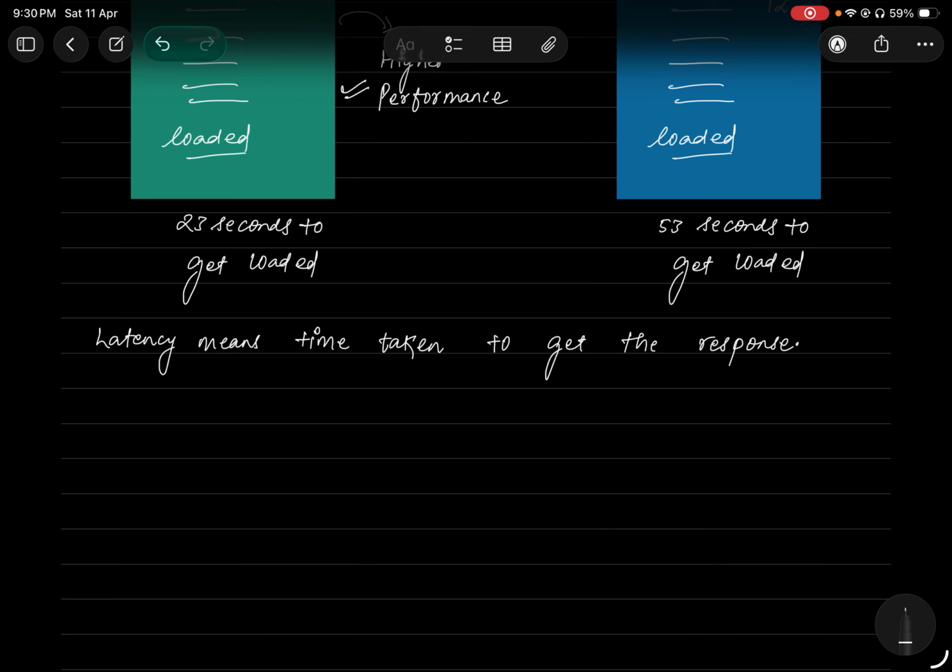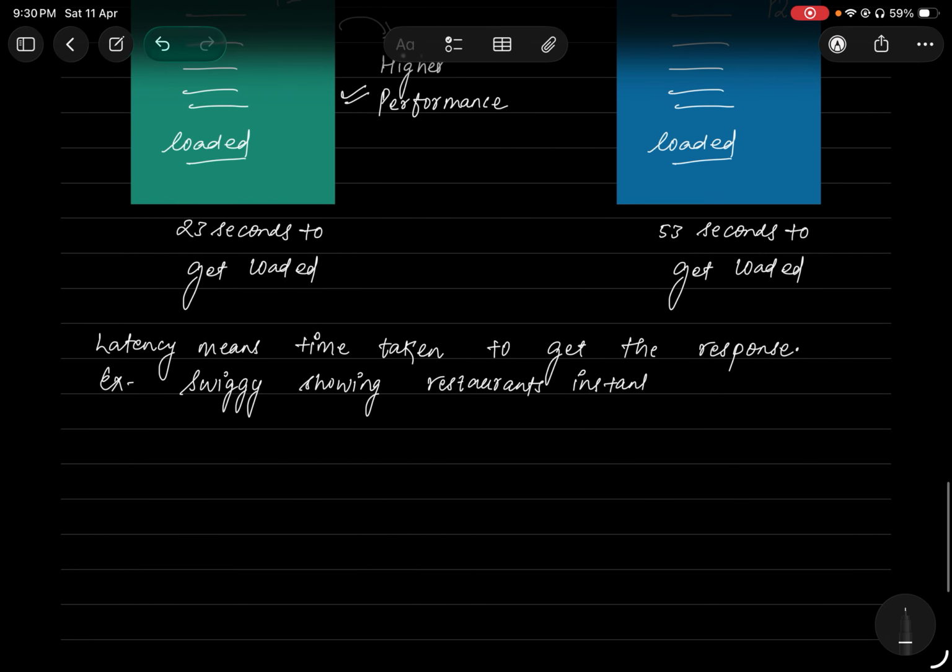Okay, for this example I will take Swiggy: restaurants instantly versus delayed.